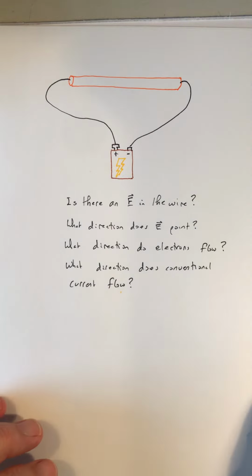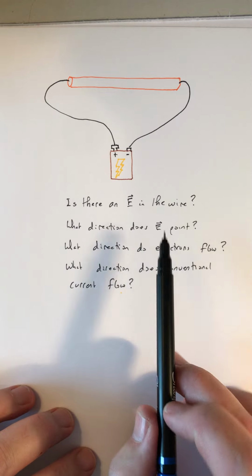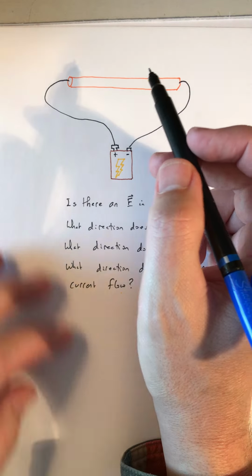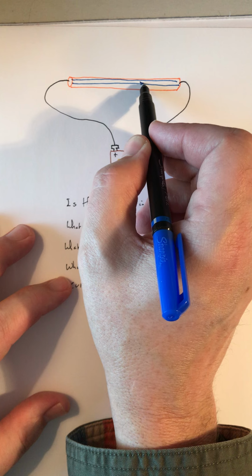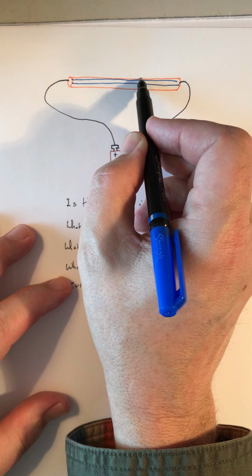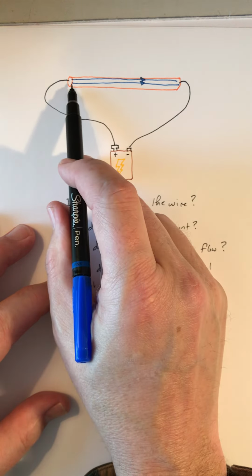What direction is that electric field going to point? Well, the electric field points from higher potential to lower potential. So inside my conductor, I'm going to draw a few electric field lines. And that electric field is going to point from the positive end to the negative end.